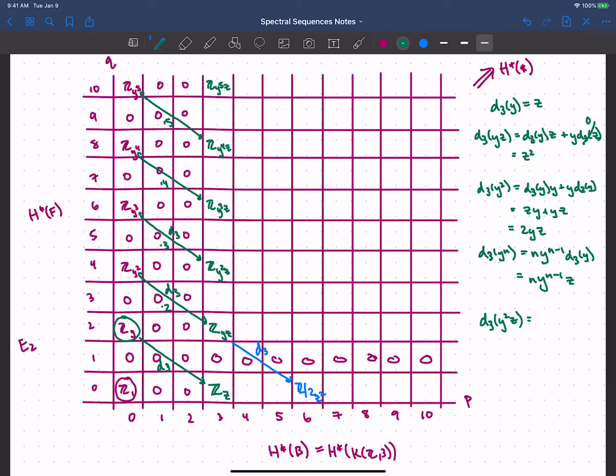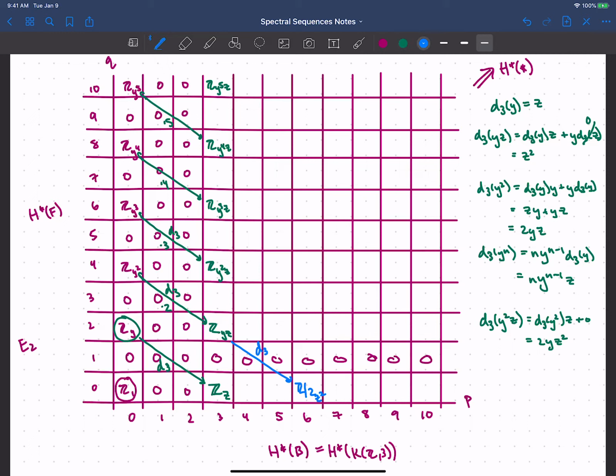The differential is 0 there, so I'm just going to have D3 of y squared times z, plus 0. And so this just gives me, what did D3 do to y squared? It gave me 2yz, and then I multiply by z, so I get 2yz squared, and that is not in the picture.